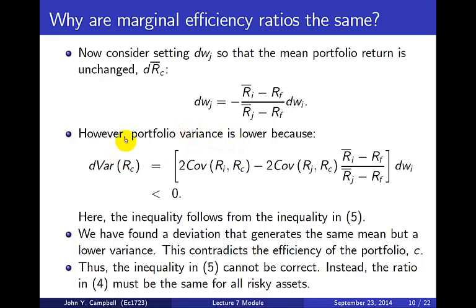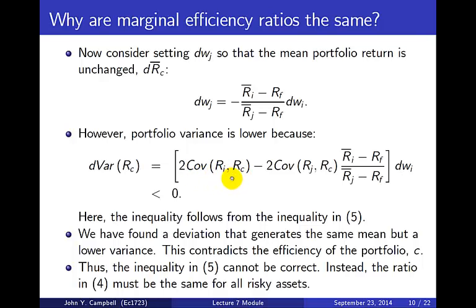All right, well then we can say with that change in the weight dwj, what happens to the variance of the complete portfolio return? Well, its change is given by this. We have dwi multiplying everything, and then there's the direct effect of dwi, which is twice the covariance of ri and rc.